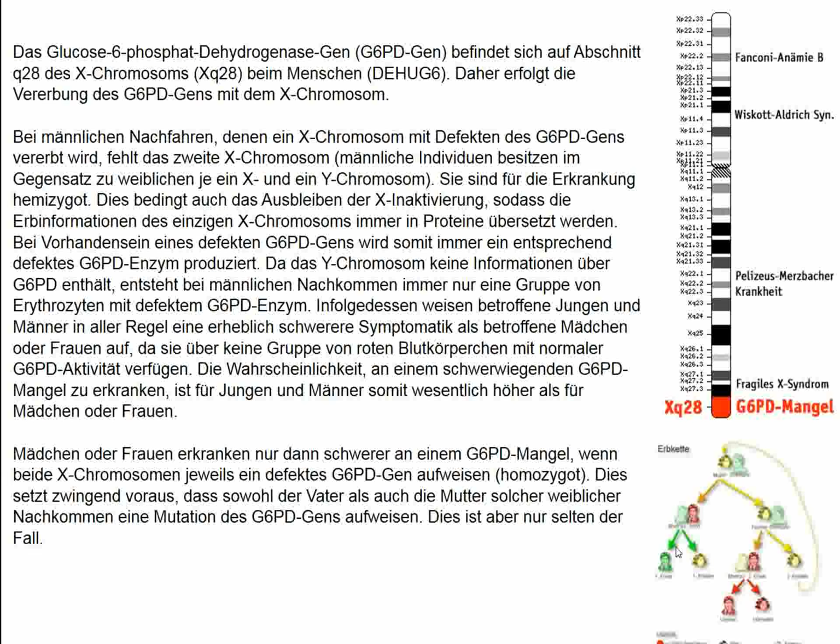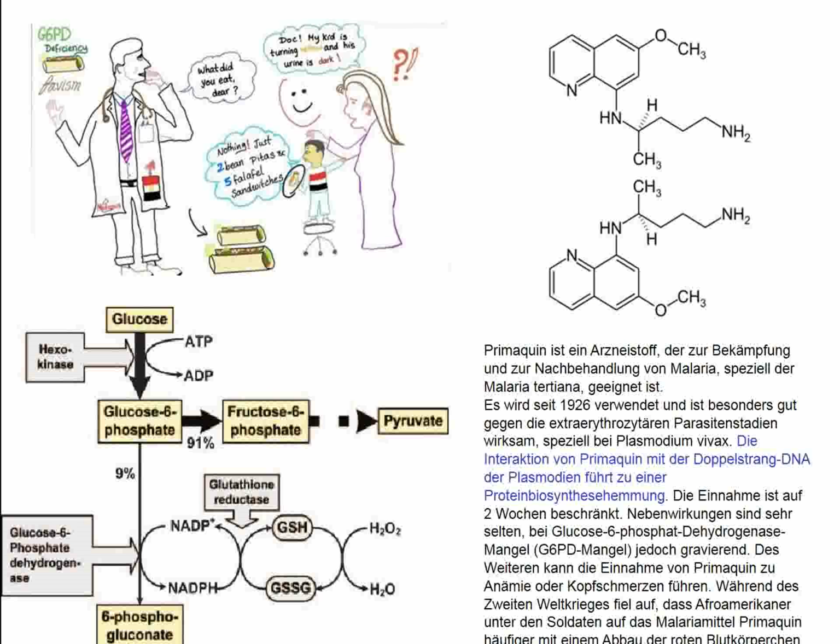That's shown here. But otherwise, most of the people that are at risk here are male because they only have one X chromosome, and if they carry any alleles with G6PD resistance, they're going to get them because they only have one X chromosome.